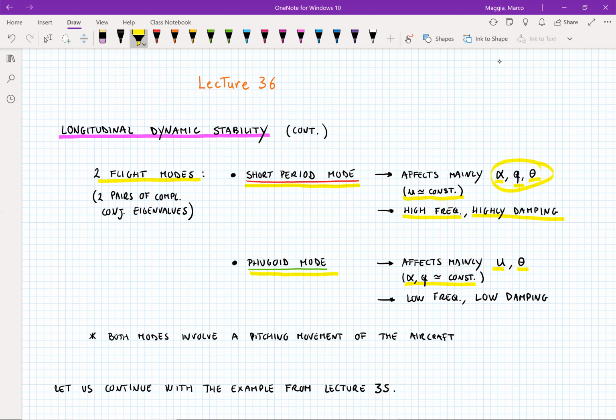And the phugoid mode is characterized by a low frequency, so the period is very large, and we have low damping. So the phugoid mode, if activated, is protracted for a long time. If we would just leave the aircraft to fly at its own accord, it would continue to oscillate in the XZ plane.